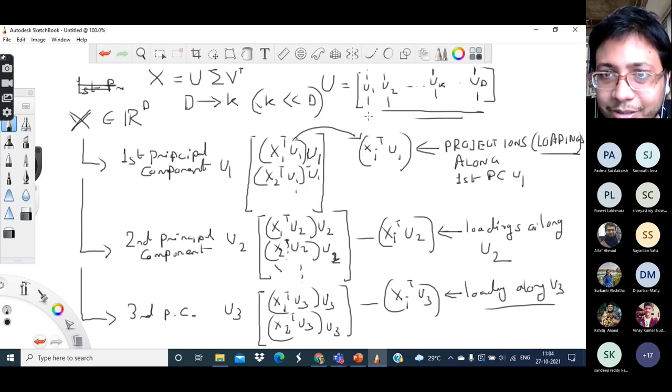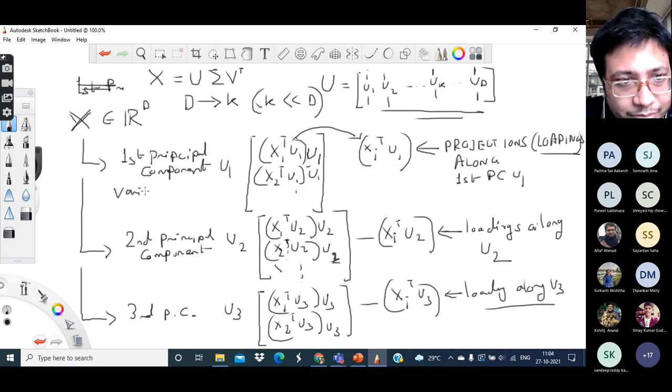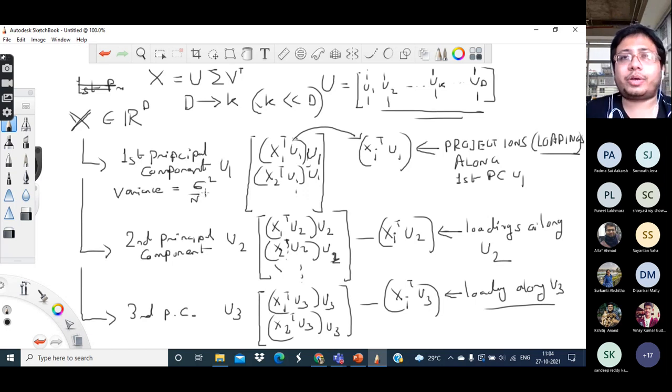So what is achieved by doing these kinds of projections? Whenever you project the data along the first principal component u1, you get a variance equal to sigma 1 square times 1 by n, where sigma 1 is its singular value.